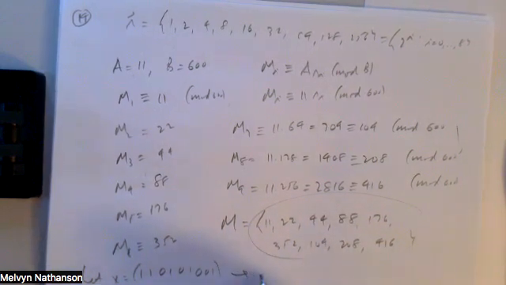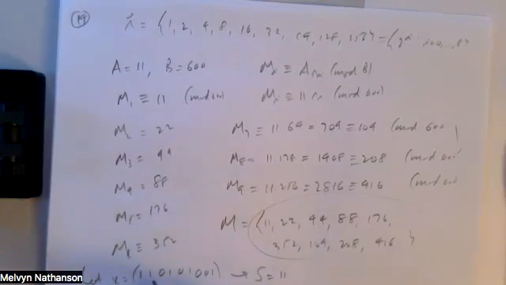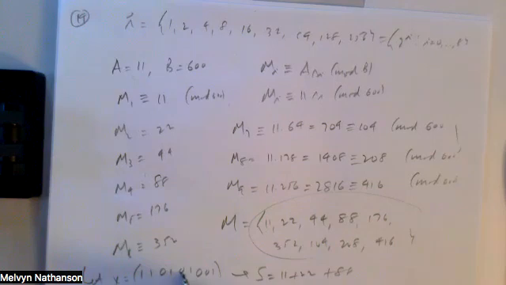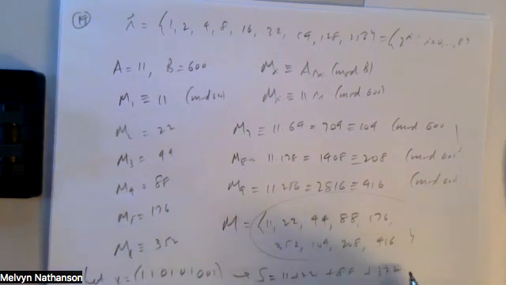So we're going to get the subset sum S, which is the first term, plus the second term, plus the fourth term, plus the sixth term, plus the ninth term.